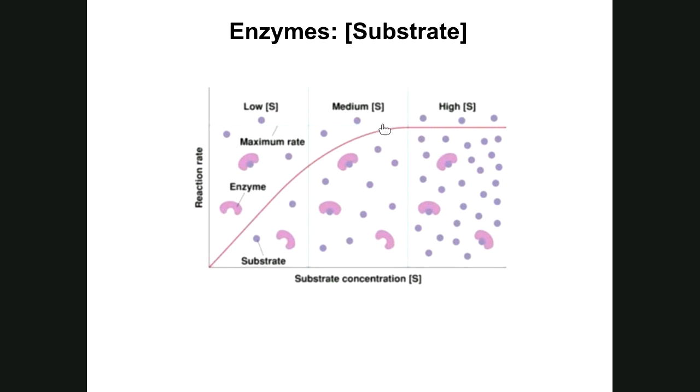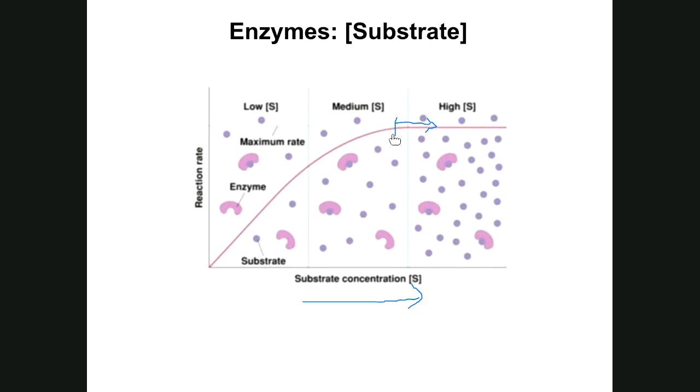But then when you get to the very edge of where it says medium substrate concentration, notice the curve flattens out. What this means is that the rate of enzyme activity has reached its peak. It's maxed out. The enzyme is saturated. It's saying at this point, right about here, on over, you can give me all the more substrate you want, but I'm not going to produce any more product than what I produced right before we reach this point.